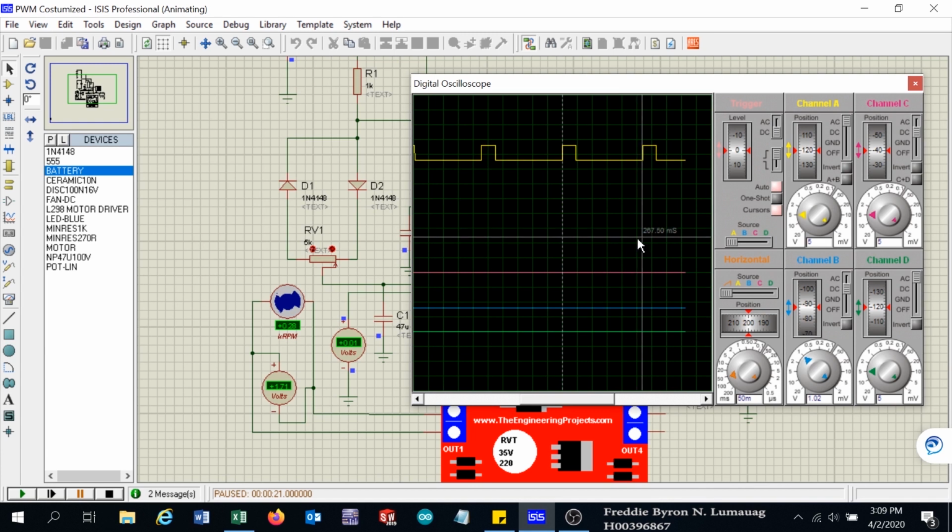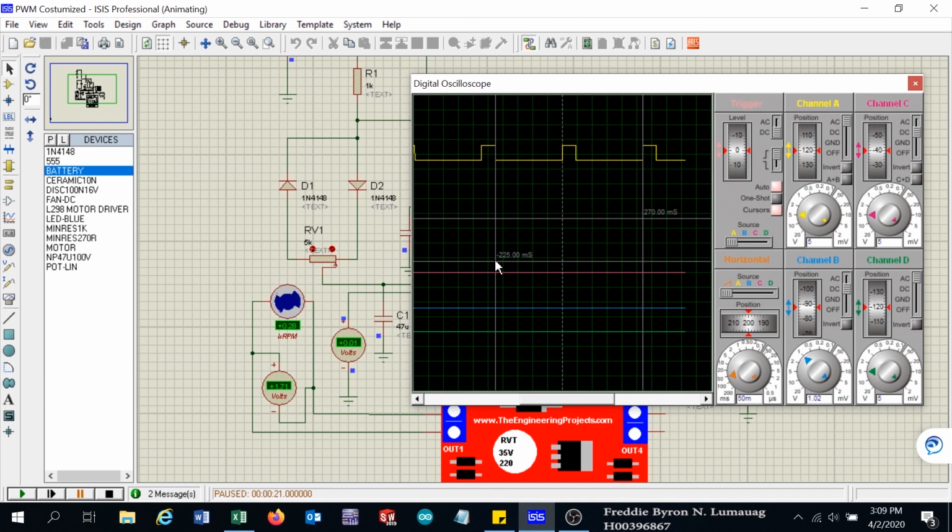And I will measure how much is the period. Okay, so the period here in milliseconds. We can see there, if we situate our cursor here, that is 270 milliseconds.